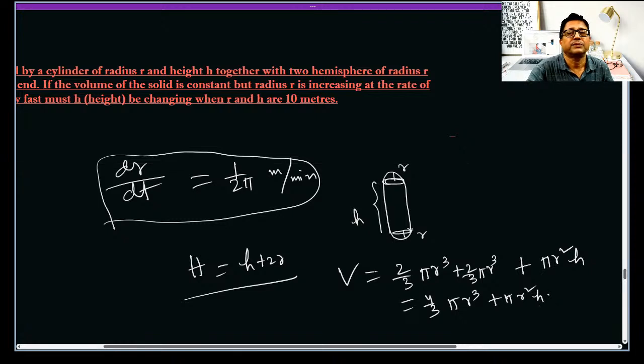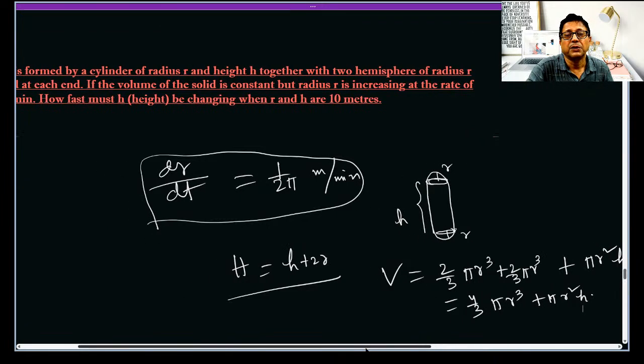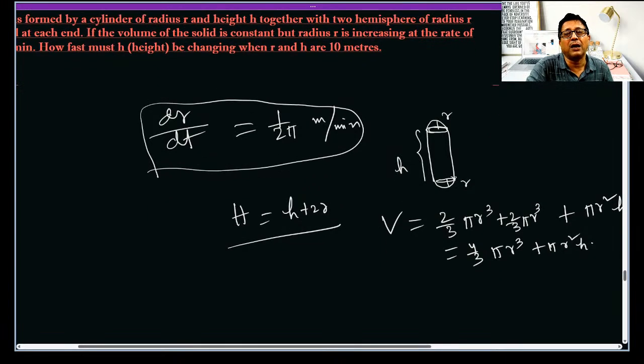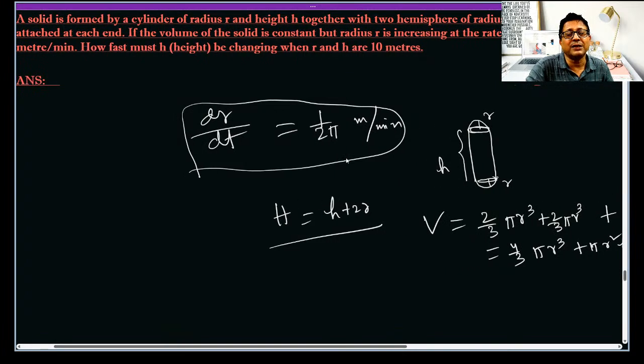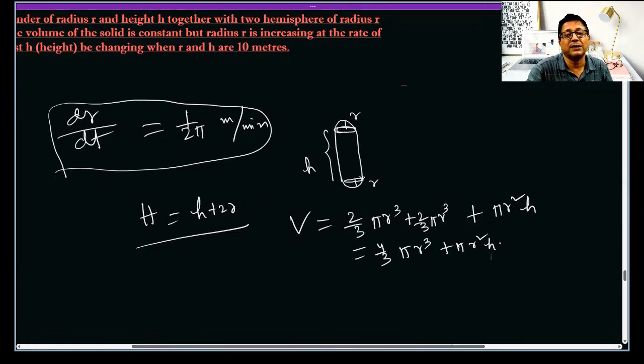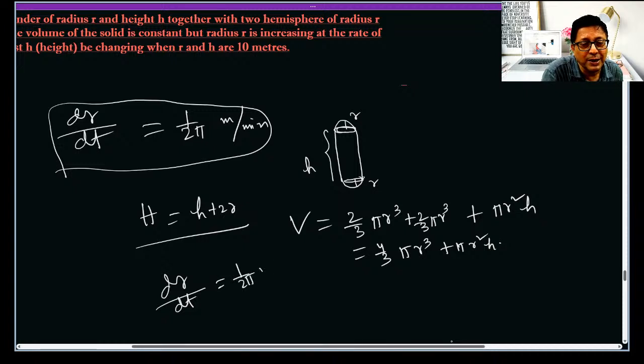Isn't it? How fast h must be changing when r and h are 10. Which one constant? V is constant. Radius r is increasing at what rate? It is given 1 by 2 pi. I forgot to type, it is given over there. dr by dt is what? 1 by 2 pi.